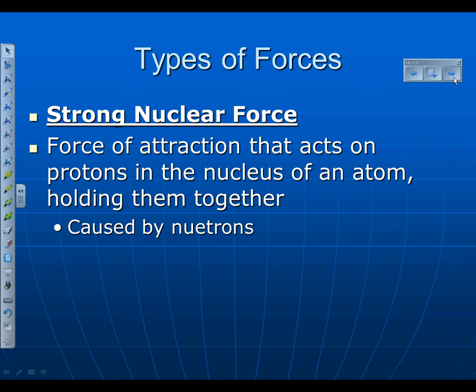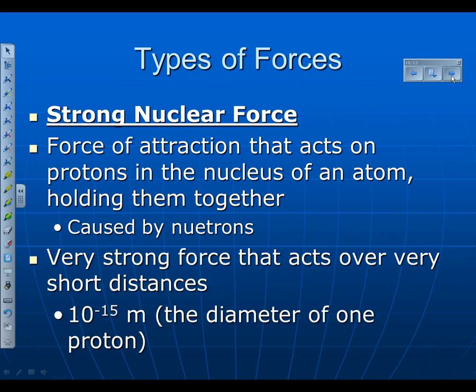But one thing we find out about the strong nuclear force, it is a very strong force, but it doesn't act over a very long or a very big distance. It basically acts within the nucleus, and that's it.